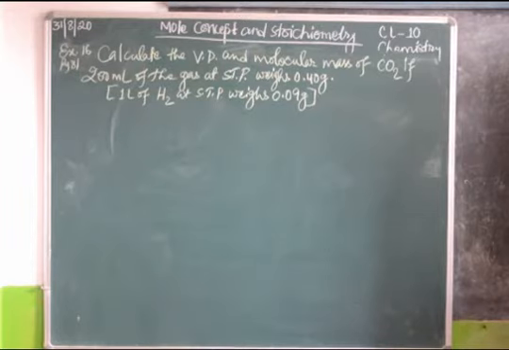Calculate the vapor density and molecular mass of carbon dioxide if 200 ml of the gas at STP weighs 0.40 gram. So what you are supposed to find? You have to find vapor density and molecular mass of carbon dioxide using the formula of vapor density.